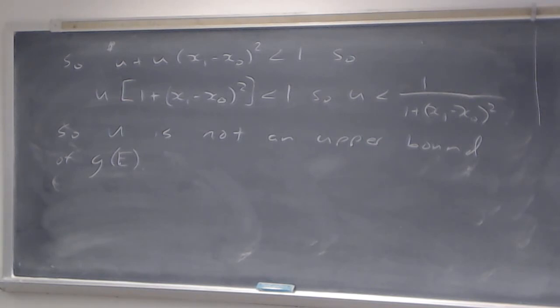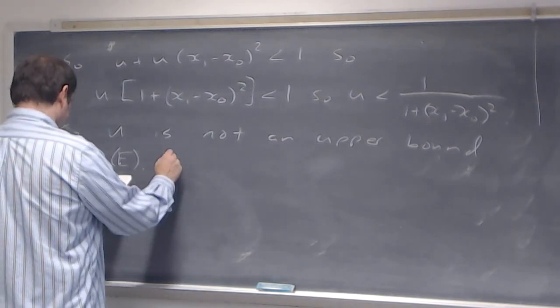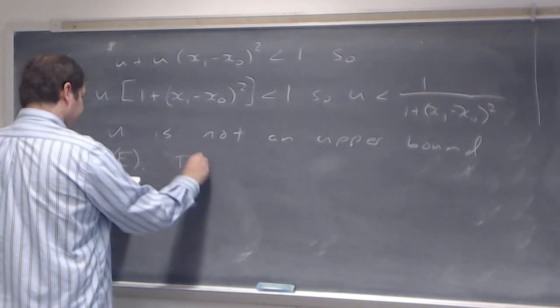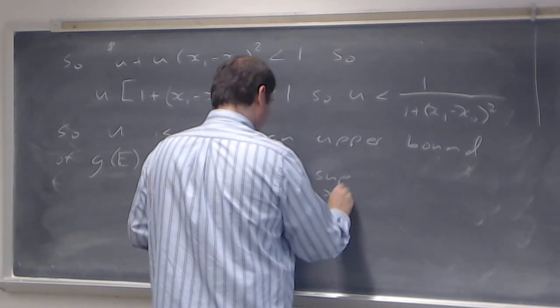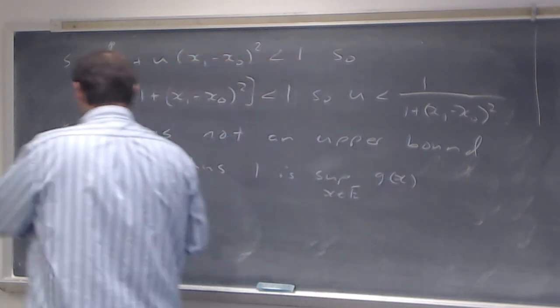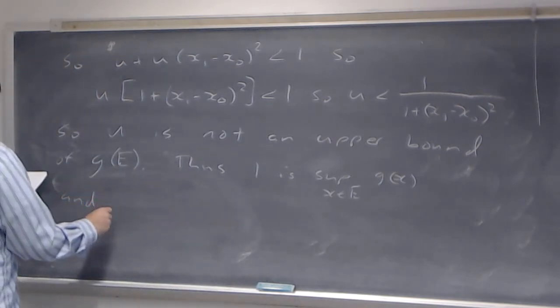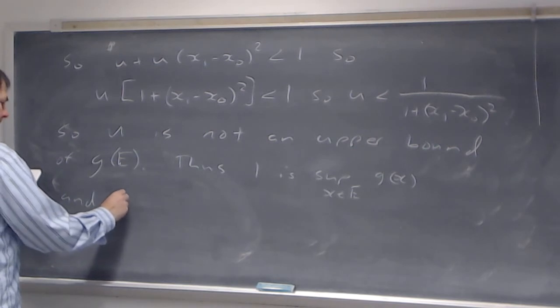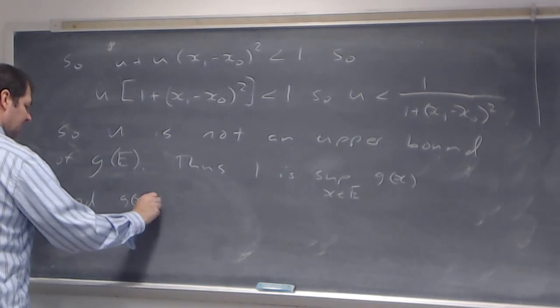Let me look at something for a second. Yeah, that's what I should say. Thus, 1 is the supremum of all the g of x for x in E. And g of x is always less than 1.